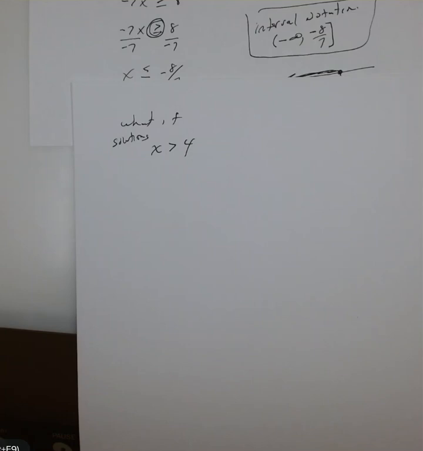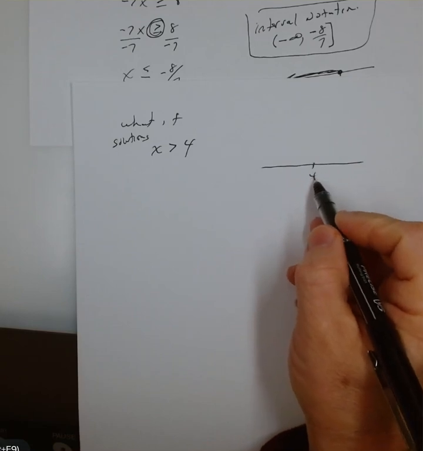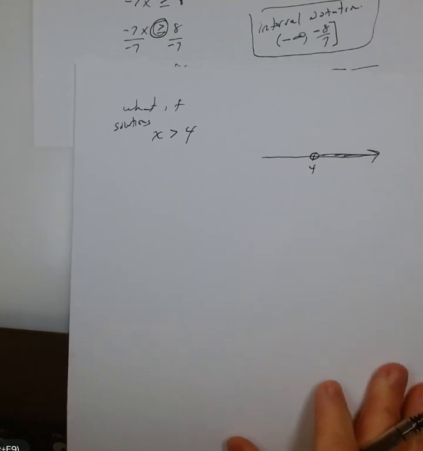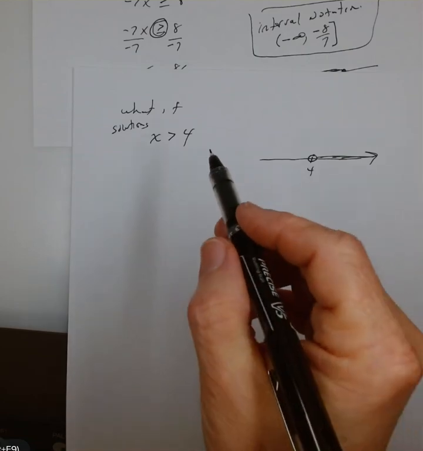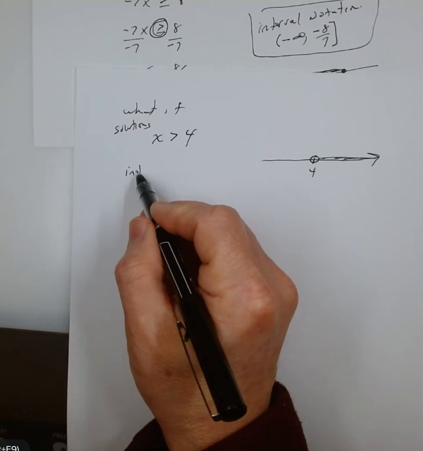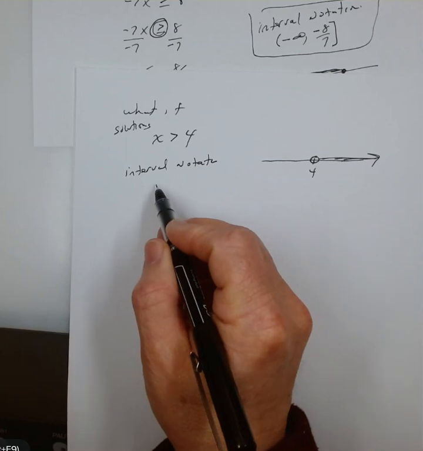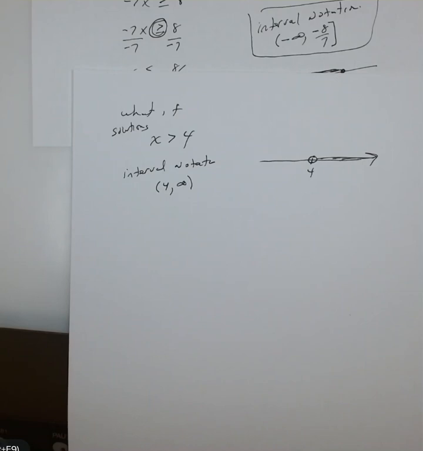Parentheses pointing to the right, comma, all the way to what? Infinity with parentheses. So the graph would look like this: open circle going to the right with an arrow. And so remember, you always go from left to right, from smallest to largest. So I'm going from 4 all the way to infinity, parentheses.